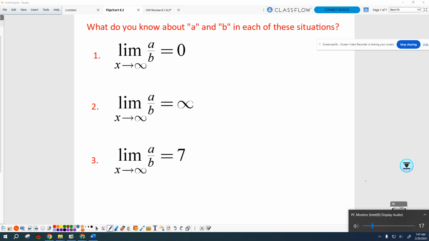So the first question: as x goes to infinity, if a over b goes to 0, what do you know about a or b? Kelly, what do you think? B is bottom heavy, so B has a greater polynomial.